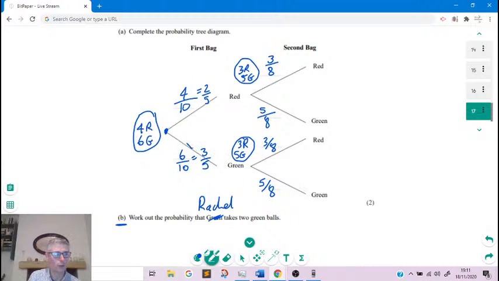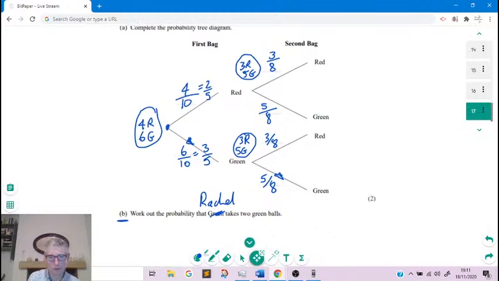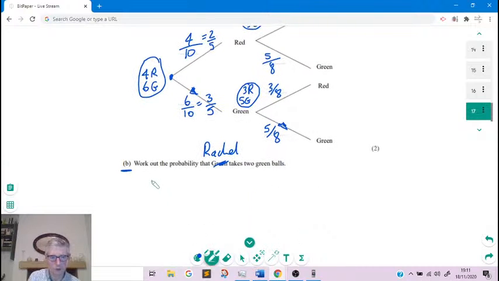We'd have to go this way, and this way. So green plus green. We're looking for the probability that she gets a green, I'm just going to write it as 1, and then a second green on the second bag.